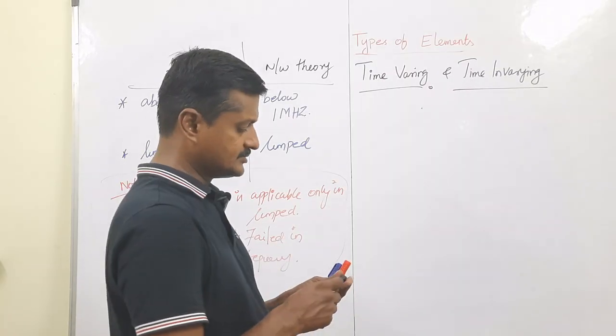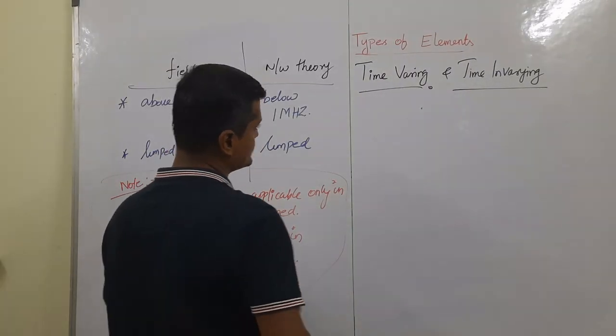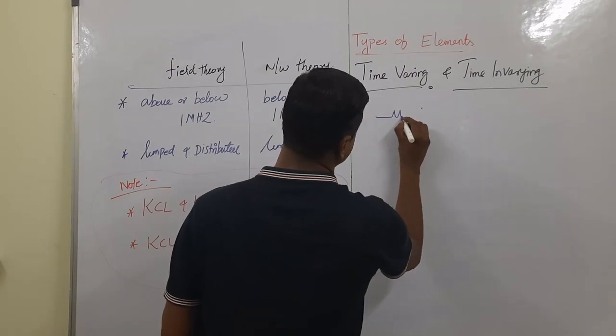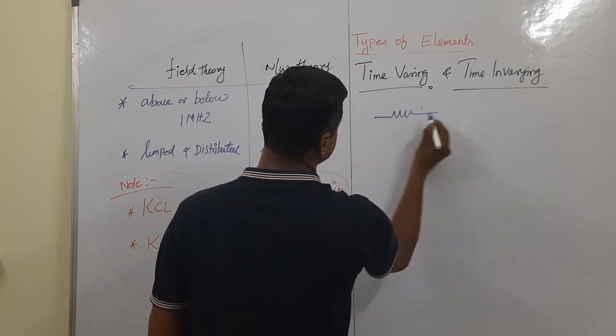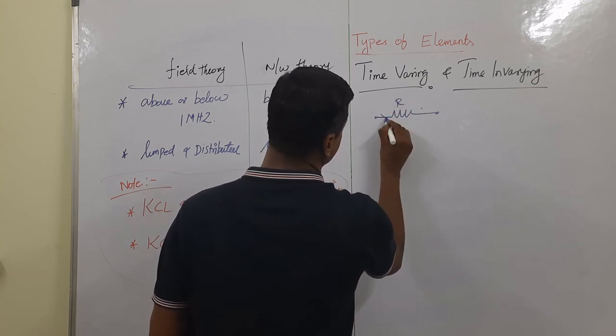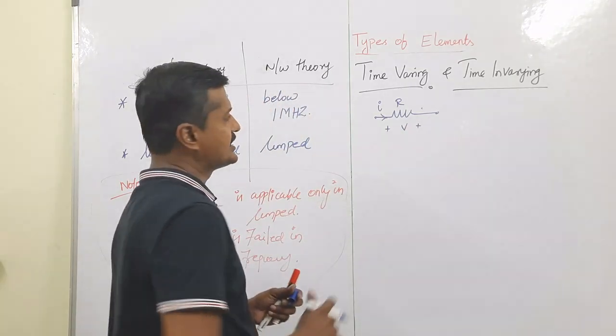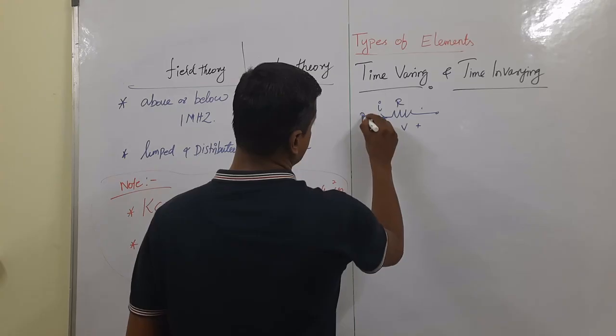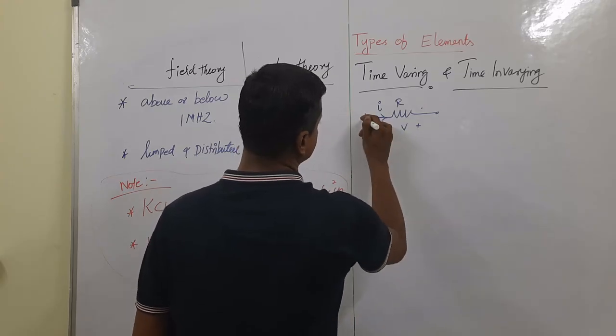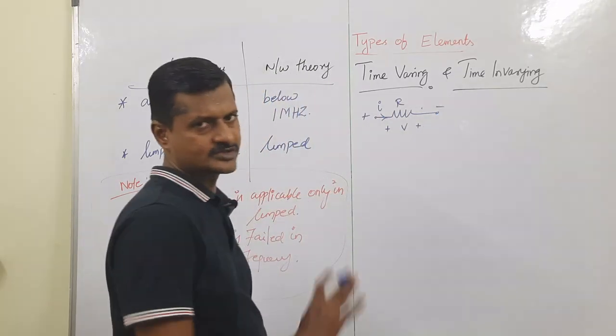Right? For example, we are taking one circuit with one resistance R, with current I flowing through the resistor, and voltage V across the resistance, with plus and minus polarity. This is one circuit.